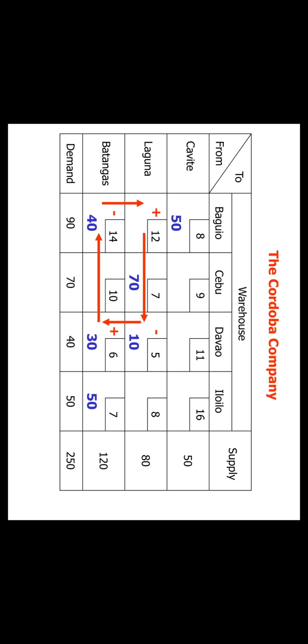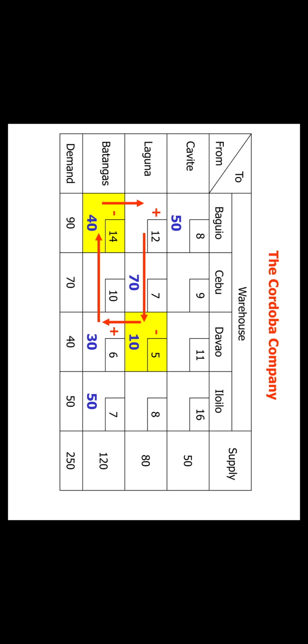Then we isolate those cells in our closed path where we have assigned the negative symbols, and choose which one contains the minimum number of supply units assigned to it. So between 40 and 10, we would choose the value 10, after which we follow the symbols. So that means the unused cell with the cost of 12 would now contain the value 10 in the next tableau.